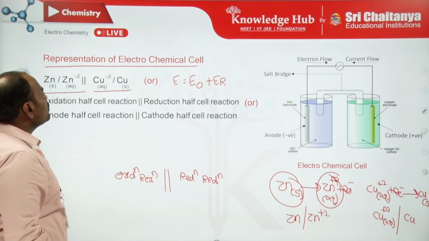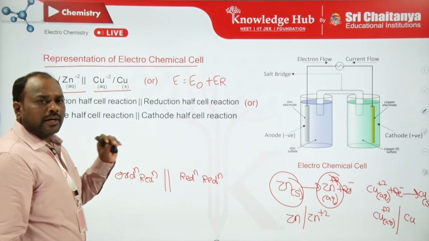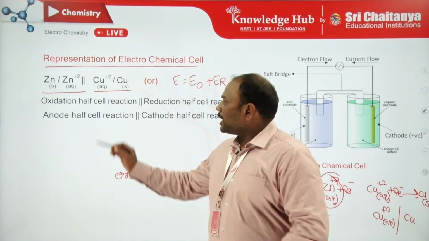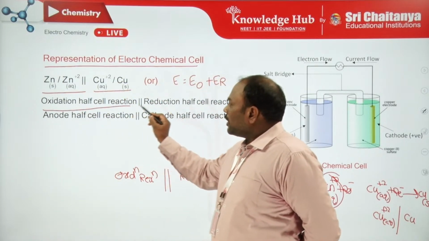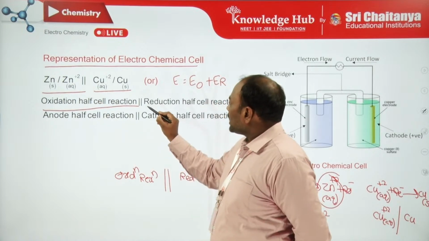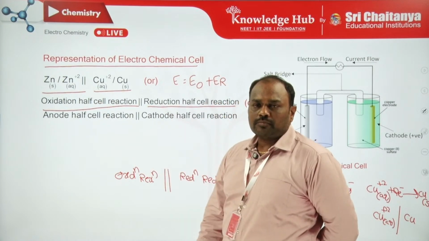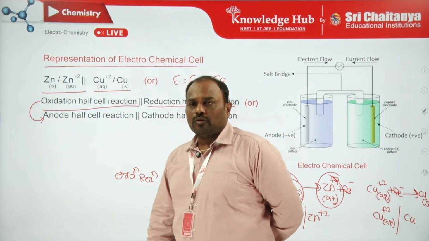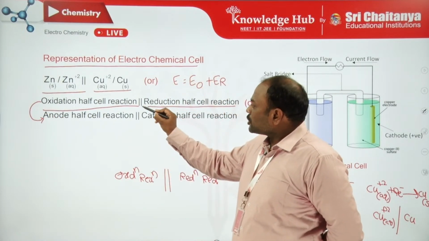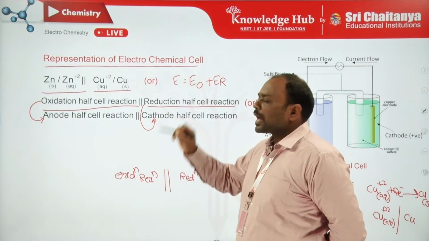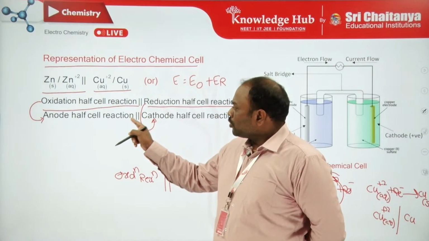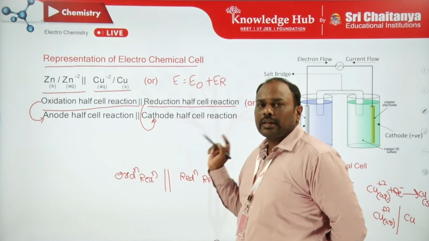Zn is converted to Zn plus 2. What's the reduction reaction? Cu plus 2 is converted to Cu. On the left side we write the oxidation reaction, on the right side the reduction reaction. Oxidation takes place at which electrode? Anode. Simultaneously, reduction takes place at the cathode. So anode half cell reaction, two parallel lines, cathode half cell reaction.